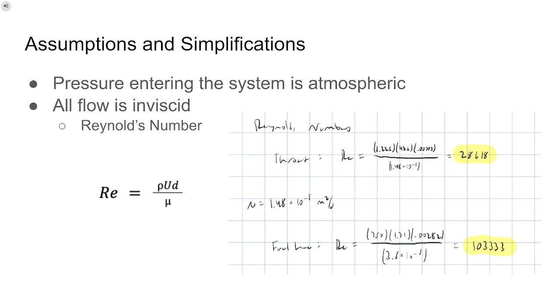And our last main assumption was that all flow is inviscid. This is because of the high Reynolds number that we were able to calculate, as the Reynolds number determines the properties of an incompressible flow, and it tells us whether viscous effects can be neglected.